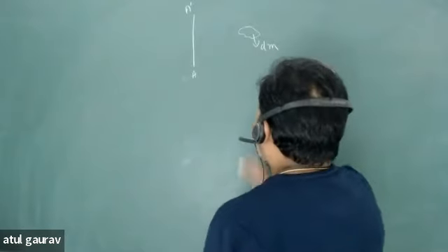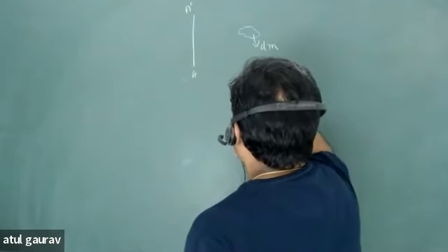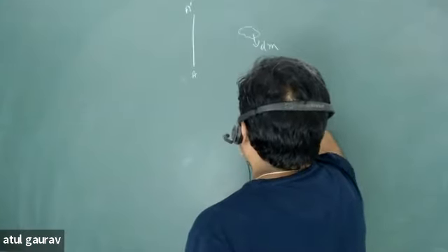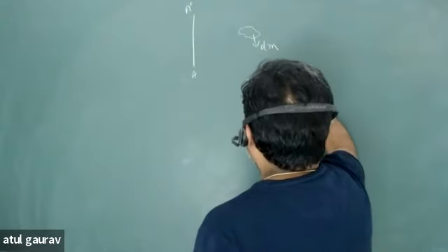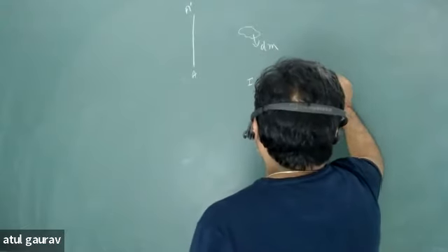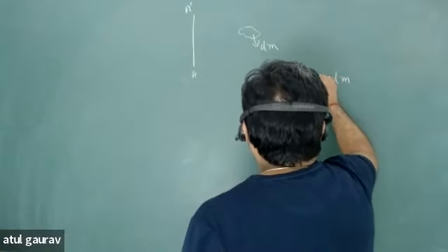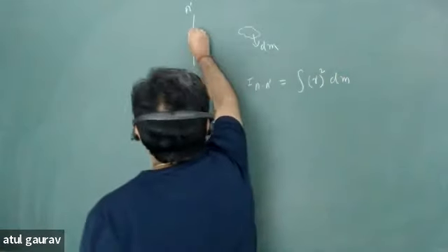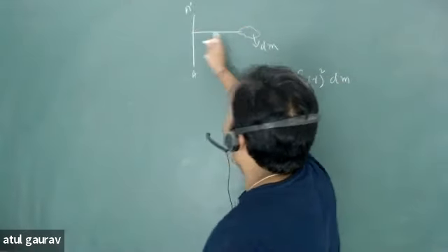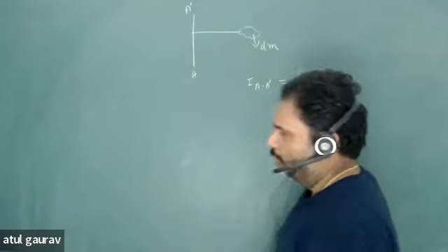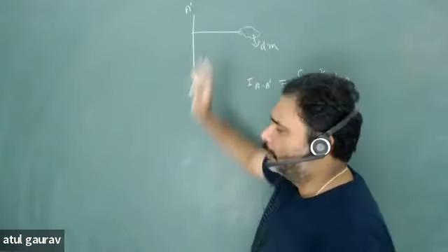So what is moment of inertia about A dash? This is nothing but integration of dm into r square. And what is this r? This r is the perpendicular distance from dm to this particular axis.